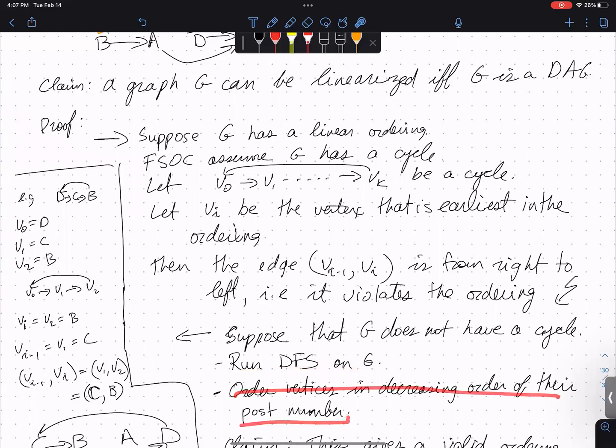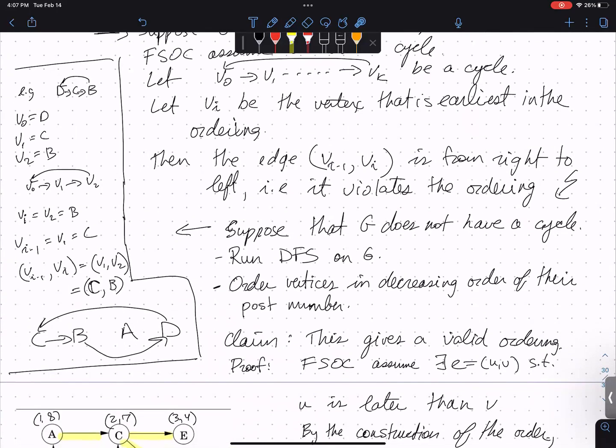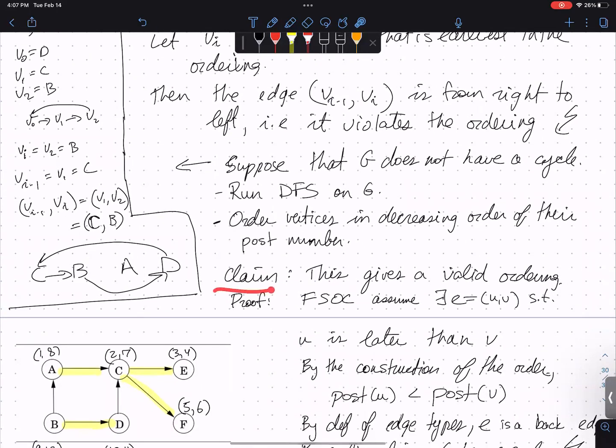Okay. And now I want to show this is a valid ordering. And if it is, then we're done. We've shown, starting with G as a DAG, we've given an algorithm, given an ordering, and if we can show that it's in fact a valid ordering, then we're done. We've shown that G can be linearized. So that's where we boil down to this claim that that ordering is valid.